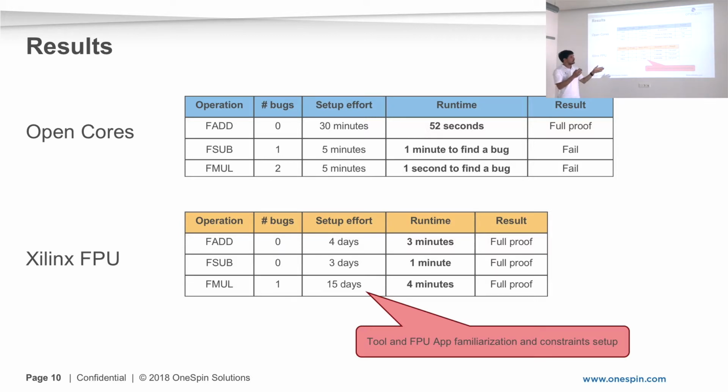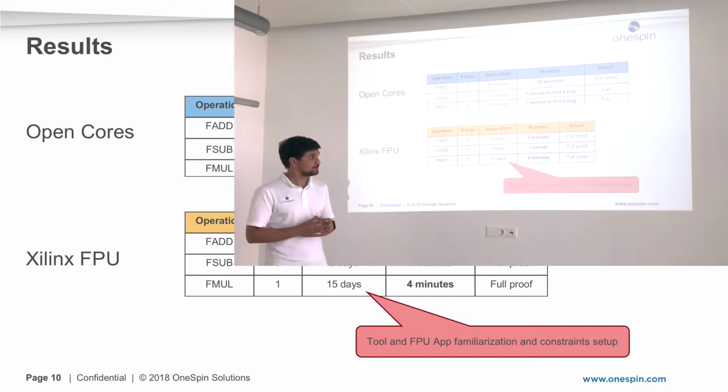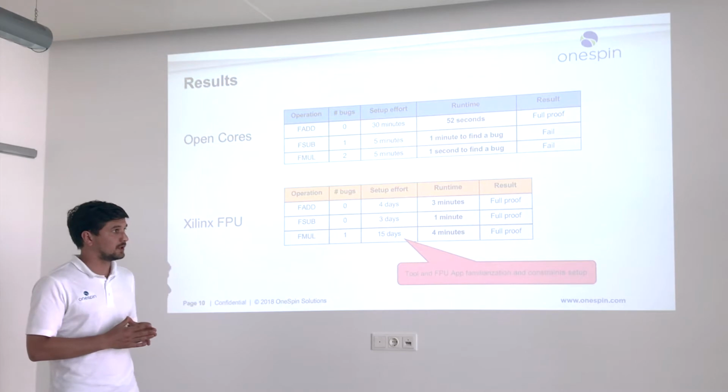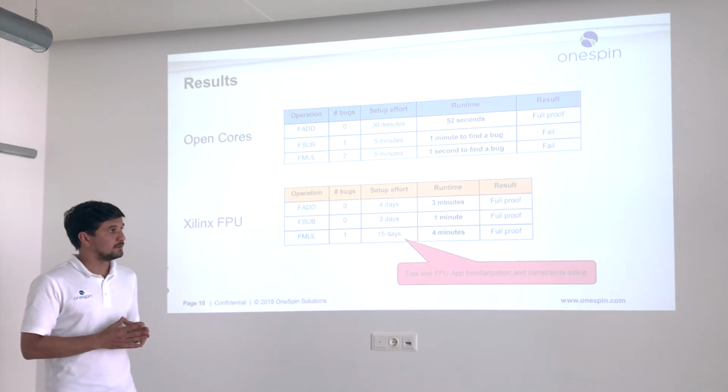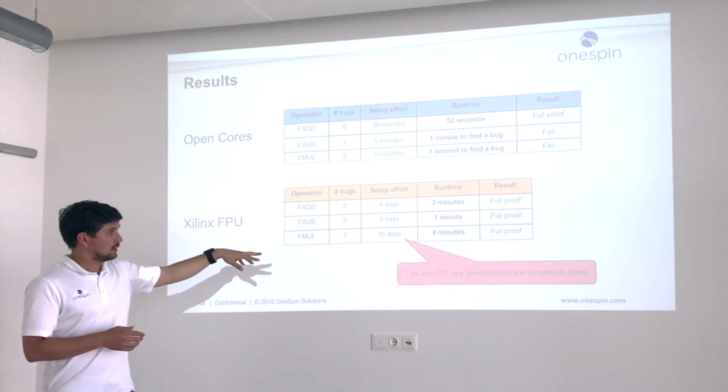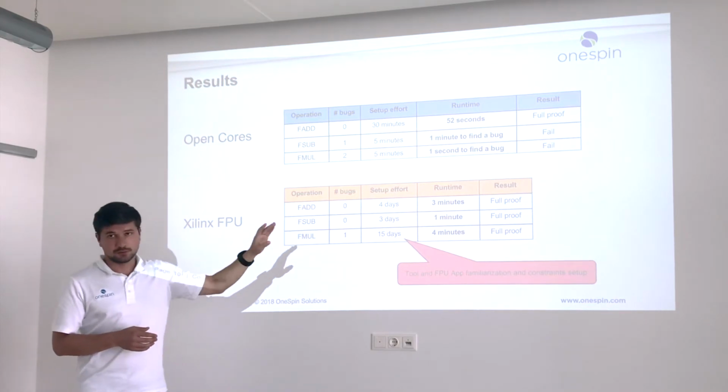This is the reason why it took a bit with the help of OneSpin to set up the entire verification environment. But when you look at the runtime, you can see that multiplication, subtraction, addition are run in the range of minutes. And we got full proof for all operations. And after the bug was fixed, we got the full proof for multiplication.